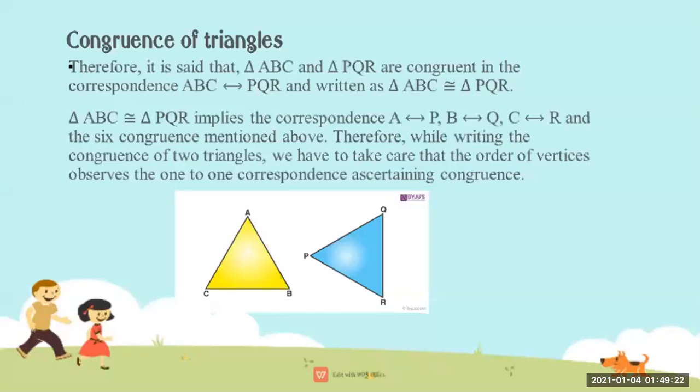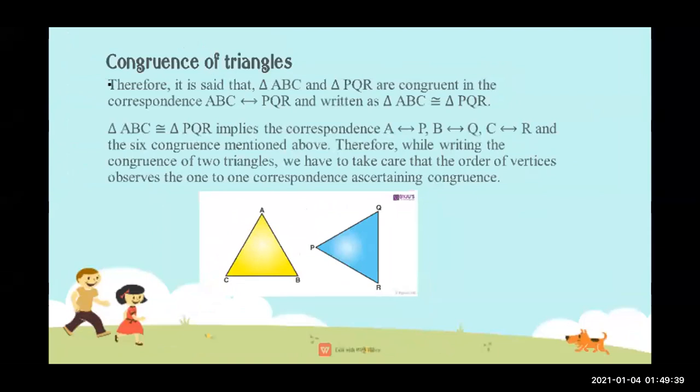Now, therefore, it is said that triangle ABC and triangle PQR are congruent in the correspondence ABC corresponds to PQR, and it is written as triangle ABC is congruent to triangle PQR.